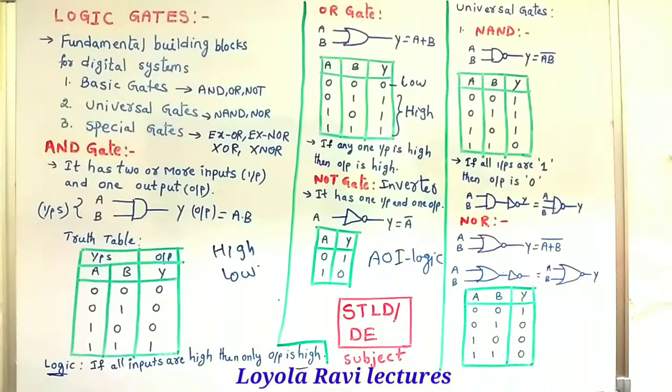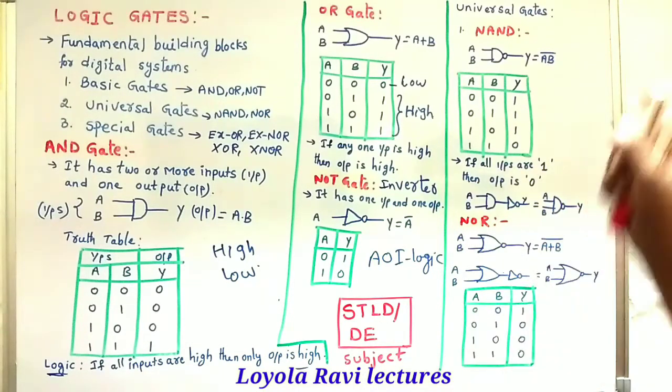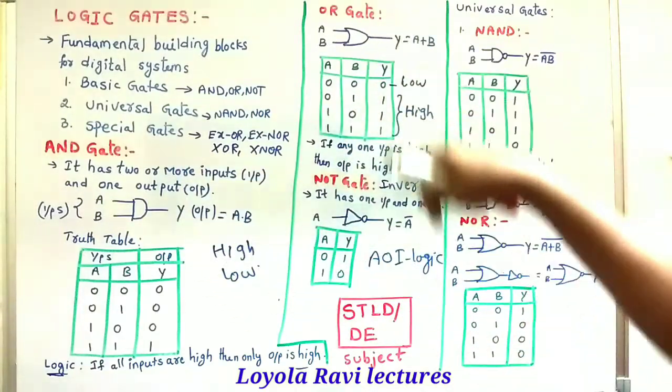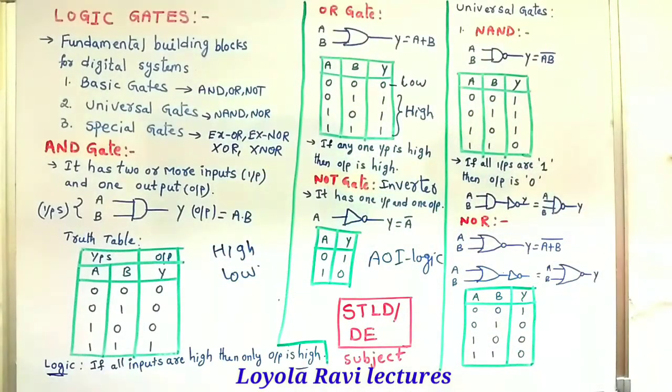We can implement AND gate, OR gate, NOT gate by using NAND and NOR. We can implement any logic circuit by using NAND and NOR. That's why these are called universal gates.